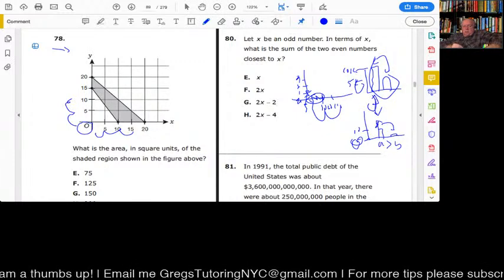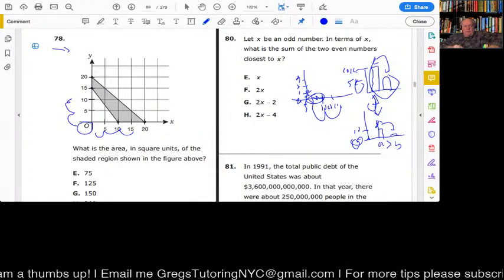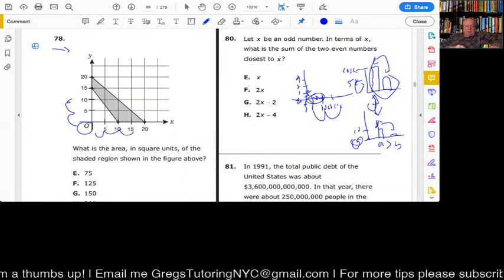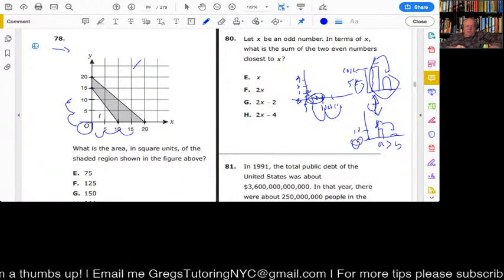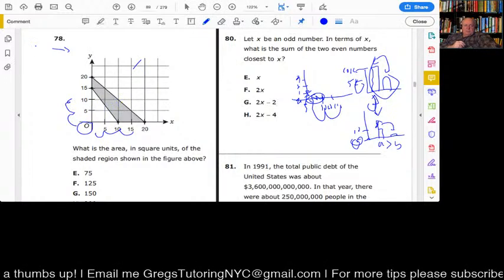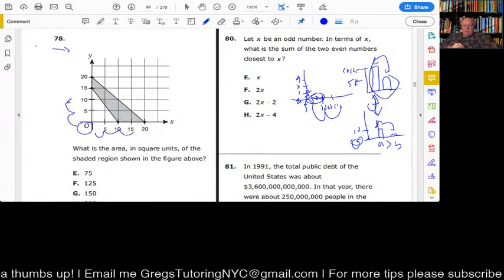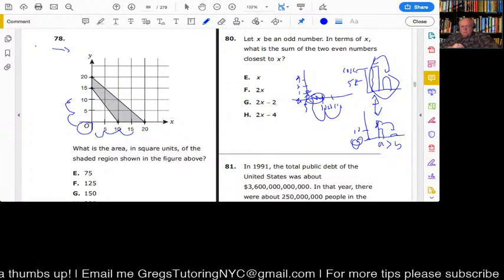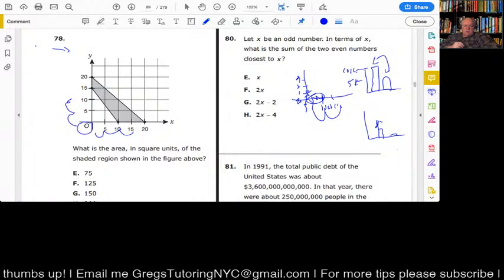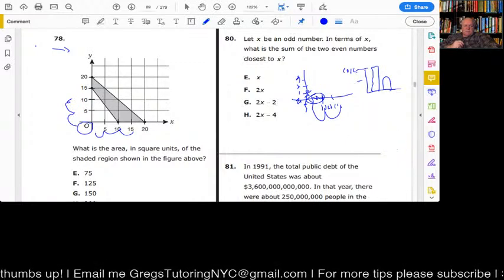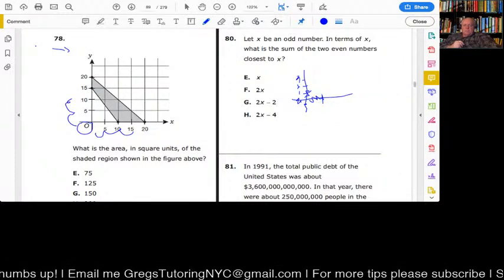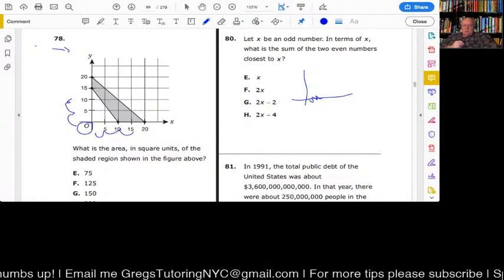All right. So coming back to 78, I'm noticing this is white space here, and shaded there. I'm not looking at the question yet. Let me get rid of my clutter here. I should have just erased that.